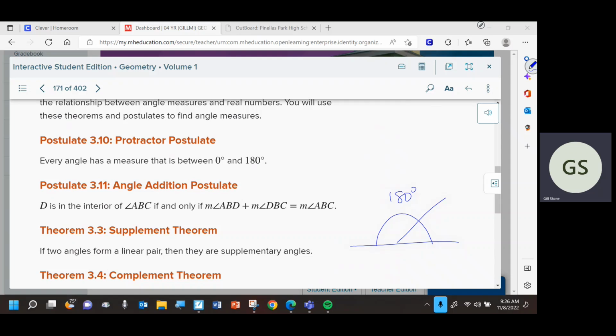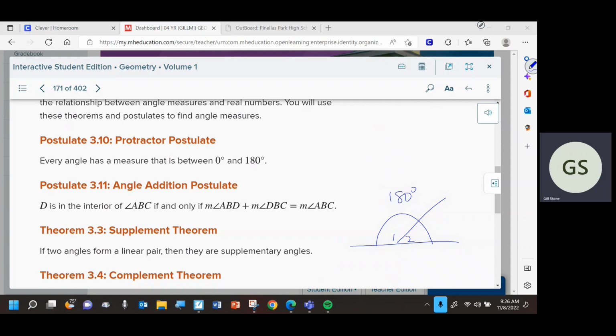It's just now made up of two other angles. We'll say angle 1 and angle 2. If I add those two angles together, they should add up to 180 degrees. They have to add up to that original straight angle. So that's what the supplement theorem is saying: they're supplementary, they add up to 180 if they are a linear pair.